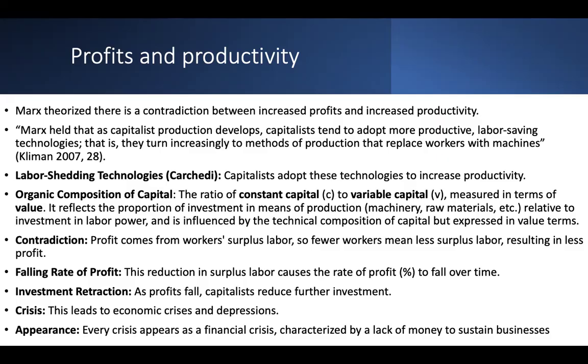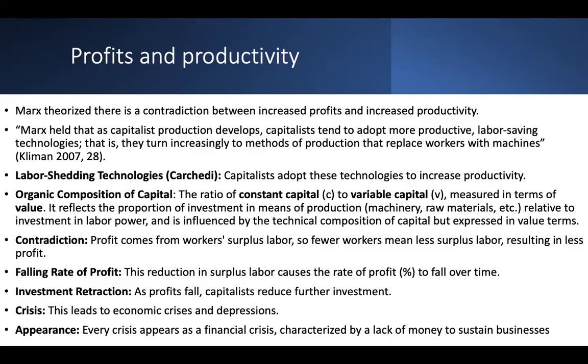I mean, these are complicated terminology here. I appreciate people trying to keep up with all this, but basically, the technical composition of capital refers to basically the ratio of machinery to labor power.